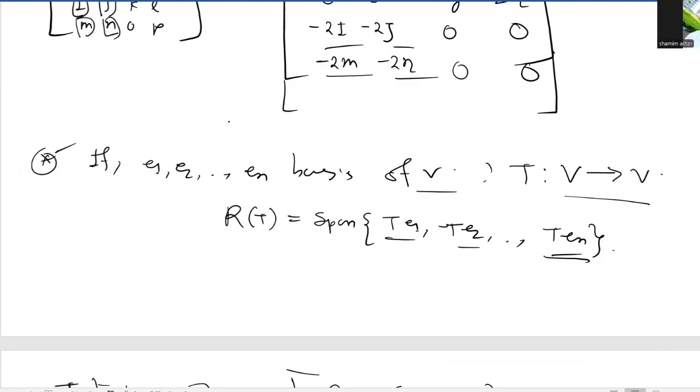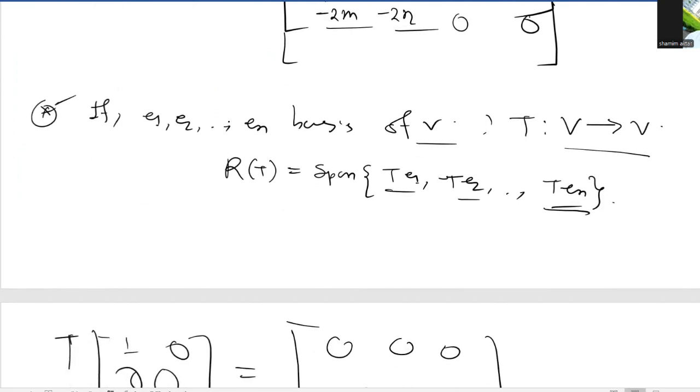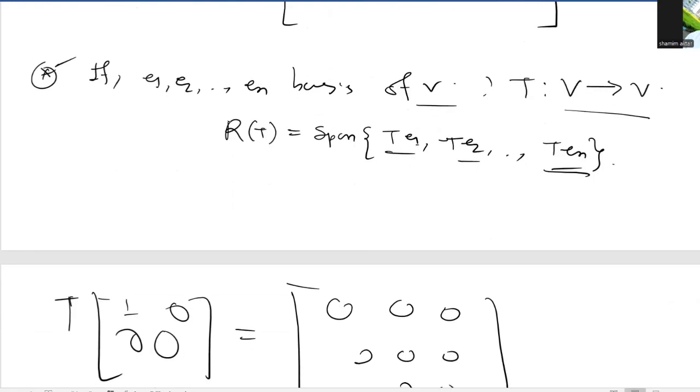Now we find the dimension of the range space of T, then find the basis of T. So this is a spanning set, and we also know that every spanning set contains a basis. So we only need to find which subset of the spanning set is linearly independent. Okay, so this forms a basis of the range set of T.